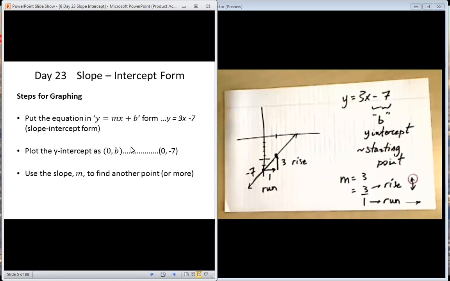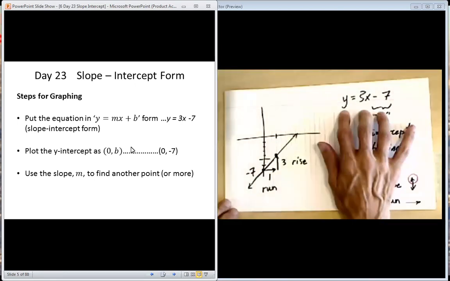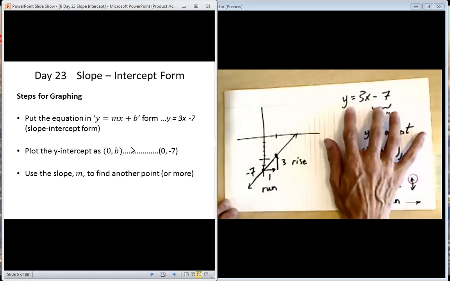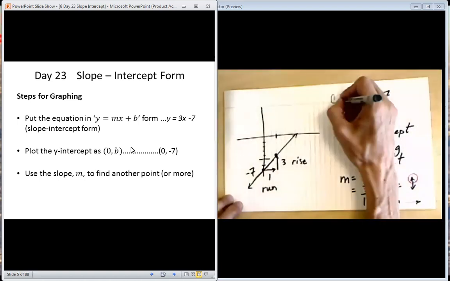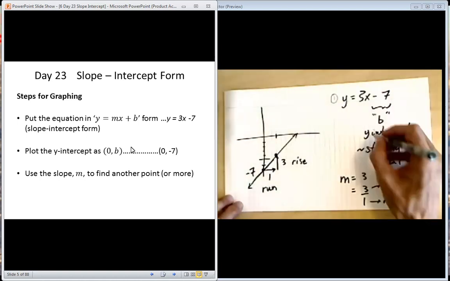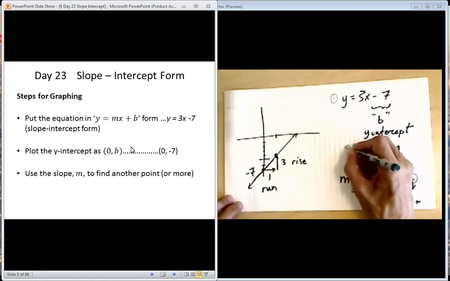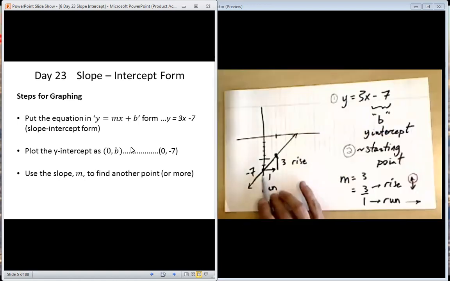Okay, so what was this screen about? Yeah, right. First, put it in order so that we know what the numbers mean. Second is figure out the starting point. It's not really a starting point, but it's useful to think that way.